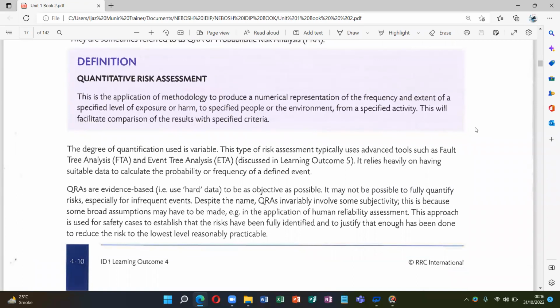Definition: quantitative risk assessment. This is the application of methodology to produce a numerical representation of the frequency and extent of a specified level of exposure or harm to specified people or the environment from a specified activity. This will facilitate comparison of the result with specified criteria.